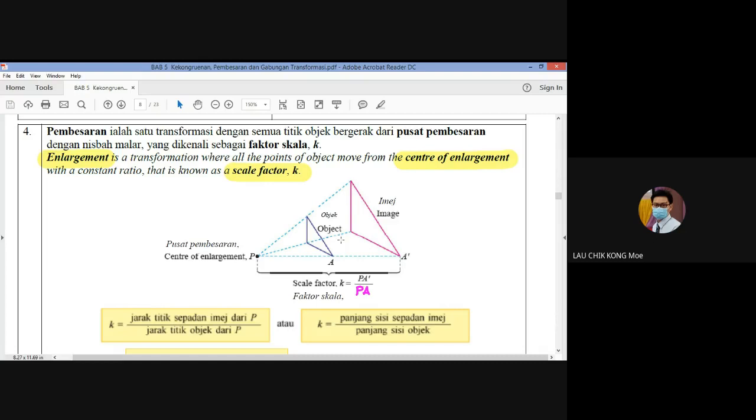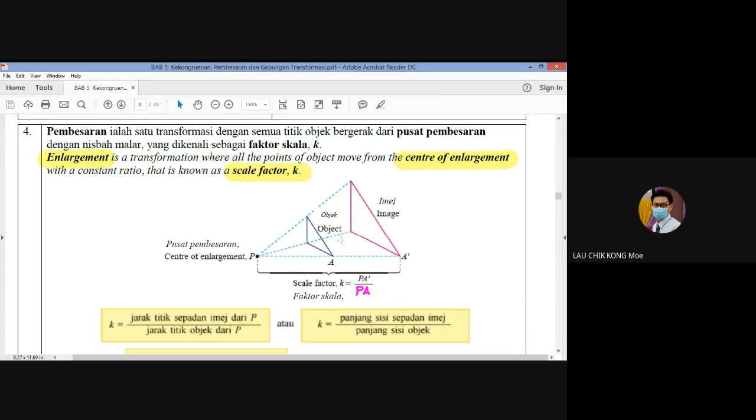If small becomes bigger, the scale factor is greater than 1. But if the object is big and the image is small, meaning bigger becomes smaller, itu juga enlargement, but the scale factor is less than 1.